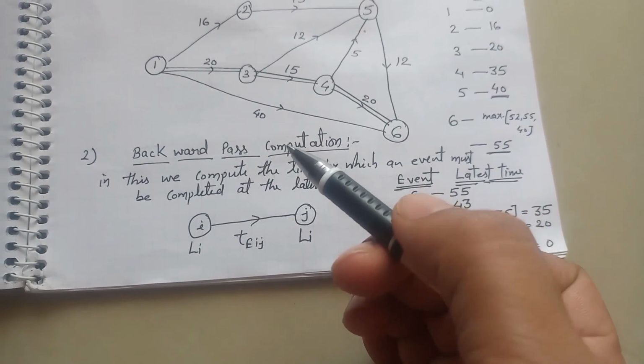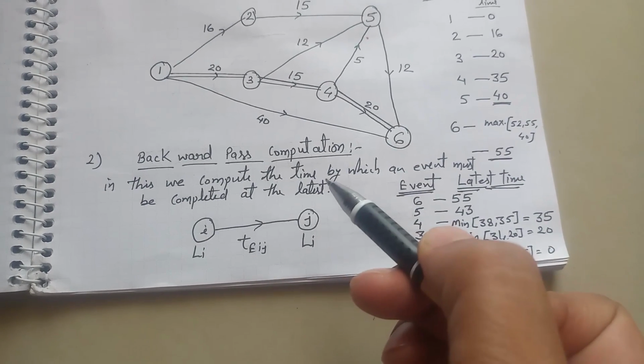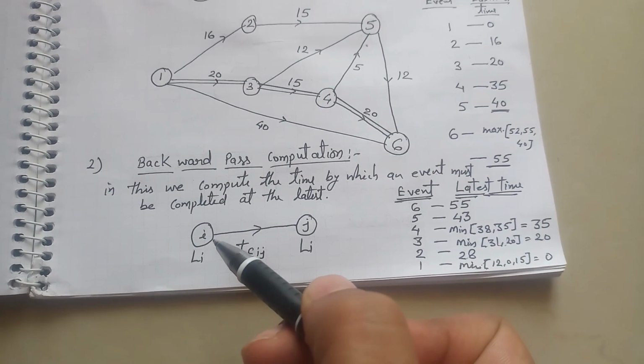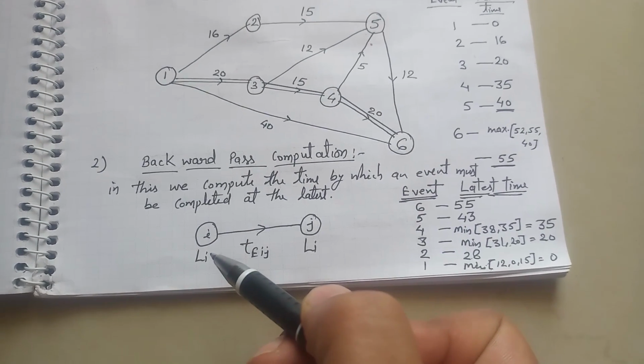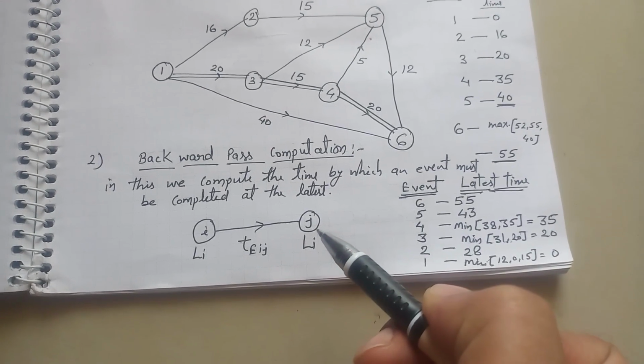So everyone, in backward pass computation, we compute the time by which an event must be completed at the latest. What is the meaning of latest? It means we have to take the minimum time to complete an activity. Here we denote the starting event by Li, latest start time, and Lj by latest finish time.